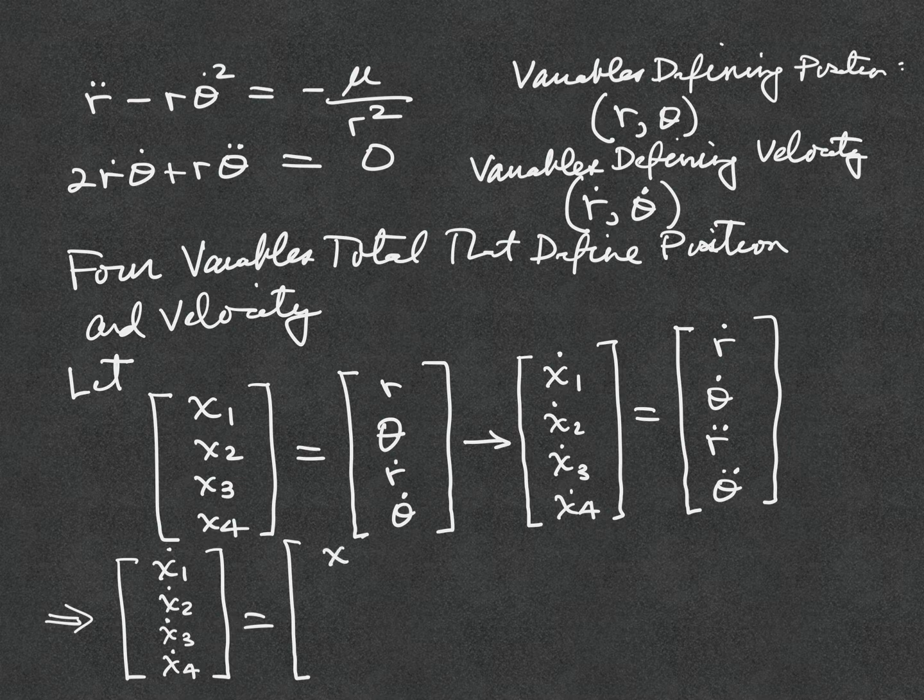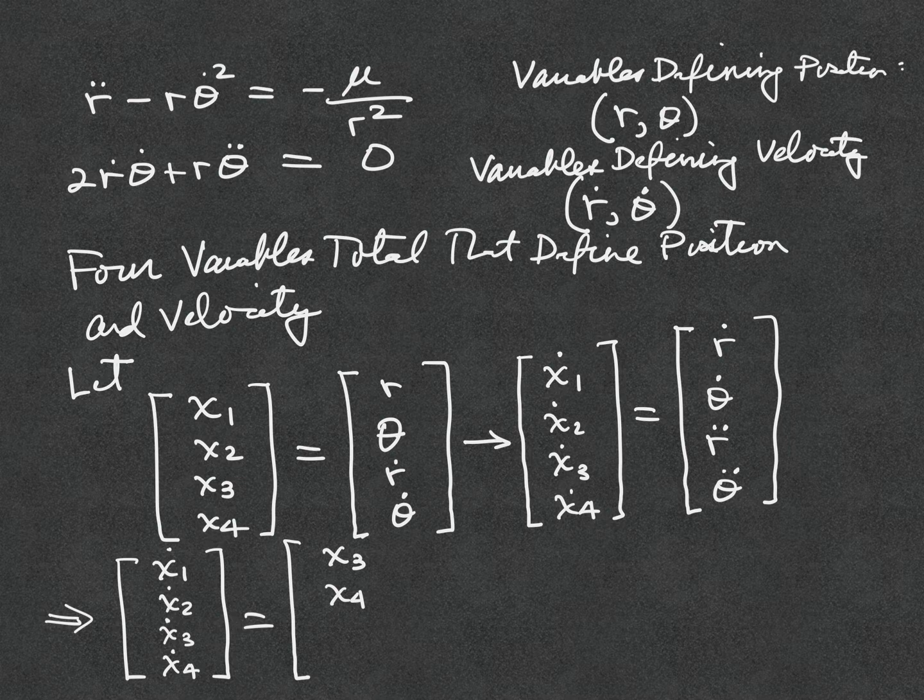So that means x1 dot is equal to x3. x2 dot is equal to theta dot, but theta dot is equal to x4. So that means that x2 dot is equal to x4. Now x3 dot, this gets more complicated, is equal to r double dot.